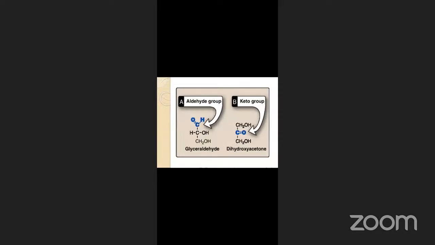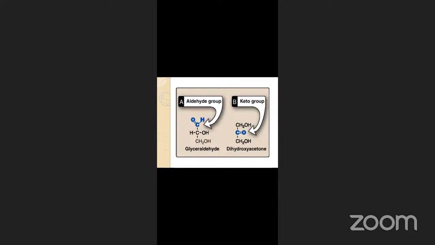Similarly, you can see it in glyceraldehyde and dihydroxyacetone. It's a 3 carbon compound, glyceraldehyde. So C3H6O3 according to the formula. If you calculate, you will get the same.